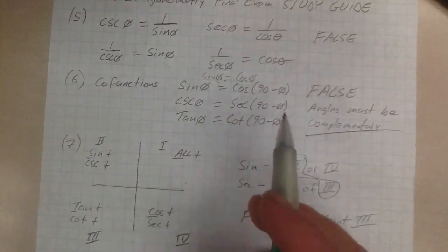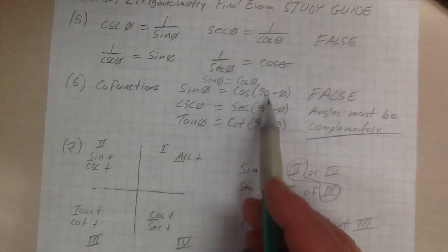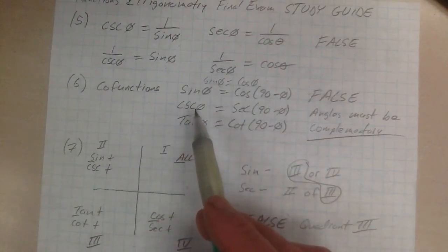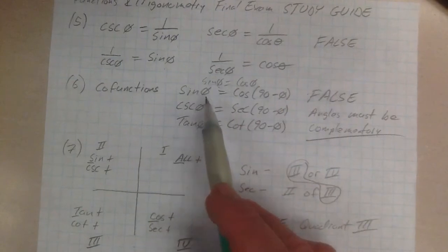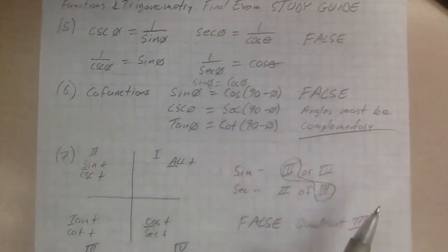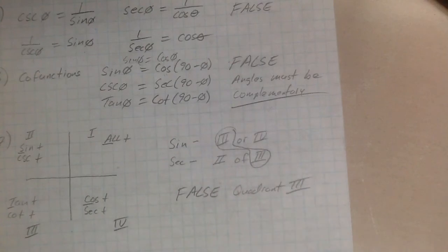That is not correct. To be equal, I need to have the complement of the angle. So there are 2 parts for a cofunction to be equal: I have to be a cofunction and a complementary angle. So we had to answer false on this. Angles aren't the same, they're complementary.